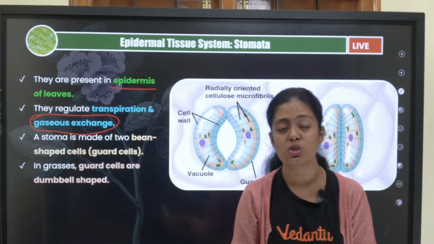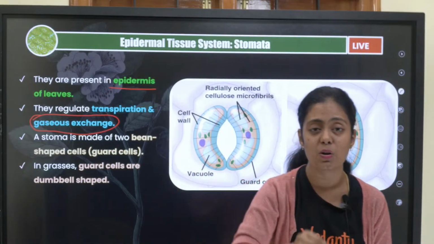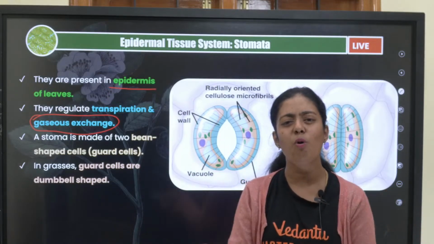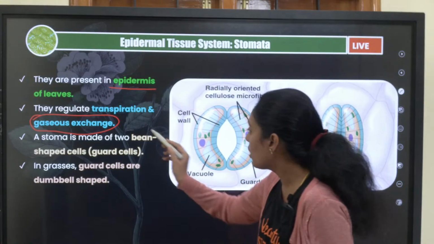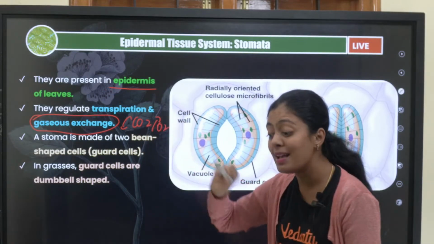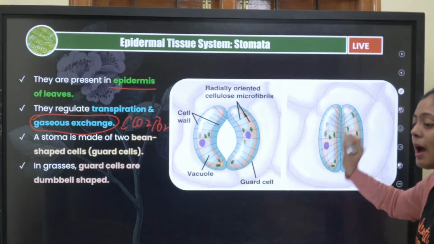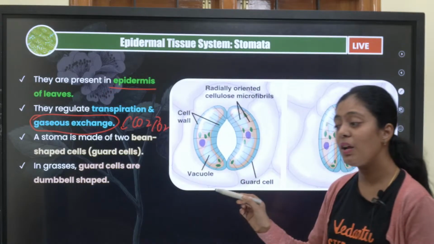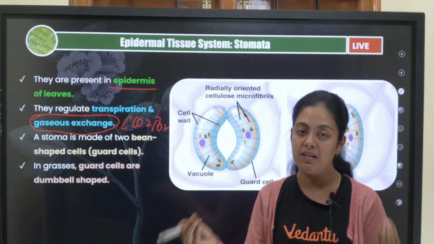If there is no stomata, no carbon dioxide will enter your leaf, and there will be no photosynthesis. Very important point. Plants take in carbon dioxide and give out oxygen, and the majority of this exchange happens in your stomata. And this entire thing we call the stomatal apparatus.